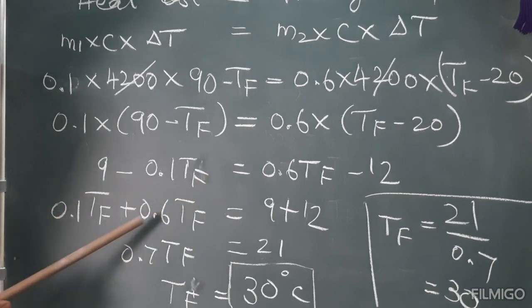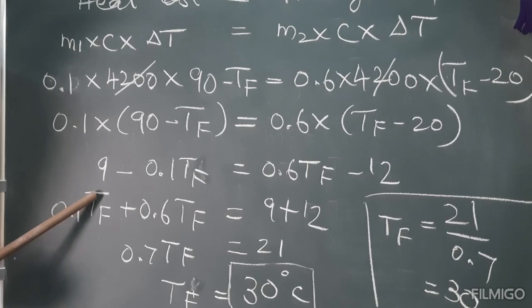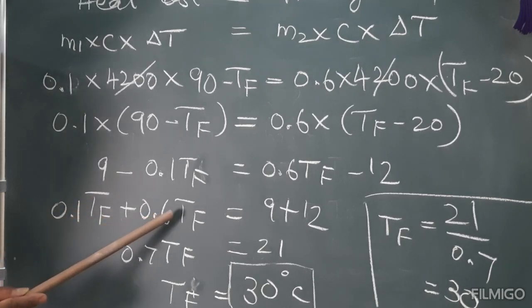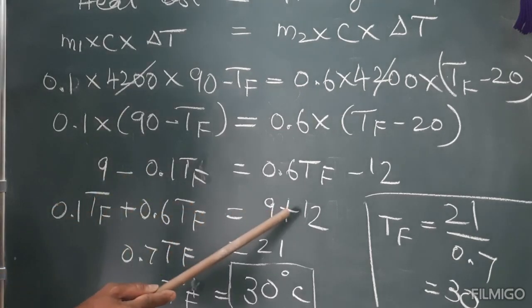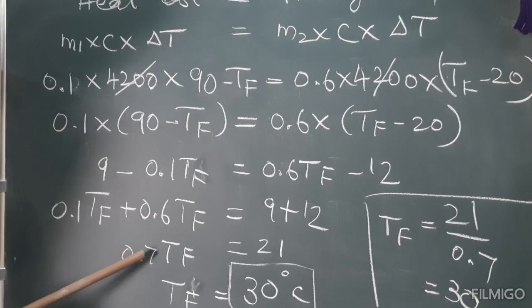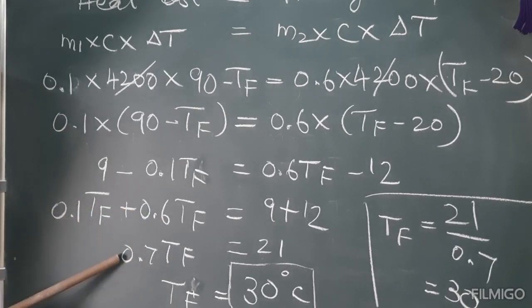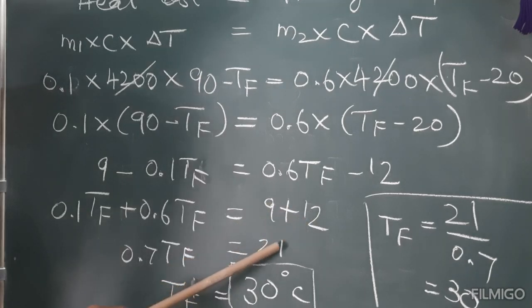Bring this 0.6 Tf to this side: 0.1 Tf plus 0.6 Tf is equal to, bringing this 9 to this side, 9 plus 12. So now the total is 0.7 Tf is equal to 9 plus 12, which is 21.